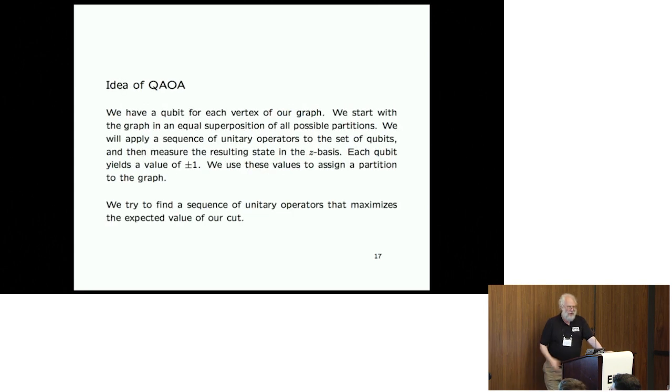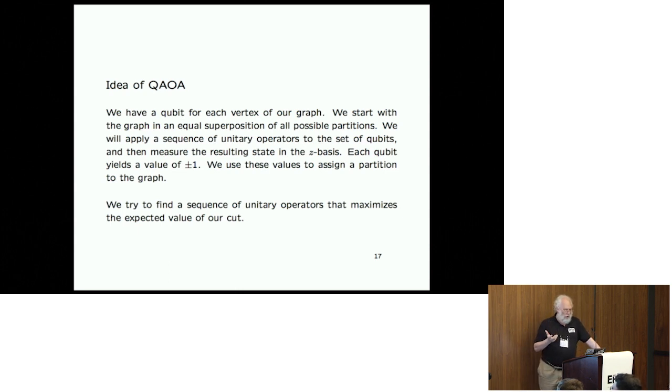So the idea of QAOA is that somehow we're going to start with a state that is an equal superposition of all possible partitions. That means putting each vertex in a superposition of 0 and 1. Then we apply a sequence of unitary operators to the set of qubits and measure the resulting state in the z basis.